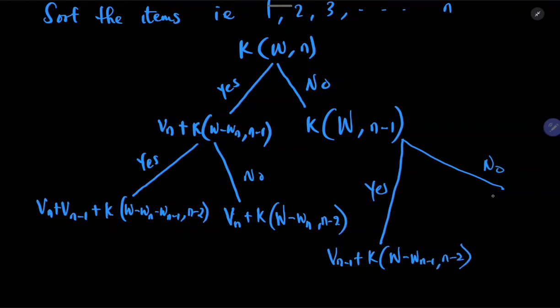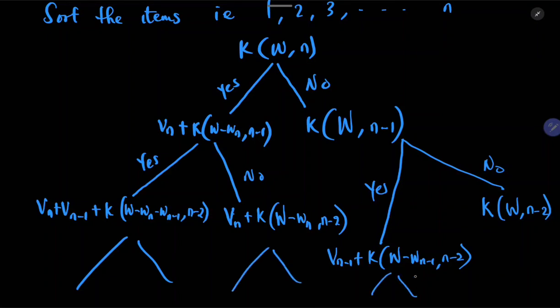And if we do not pick, we have the capacity still full, and n minus 2. So we are going to continue like this, pick or not to pick, yes, no, yes, no, until we get to the last item.